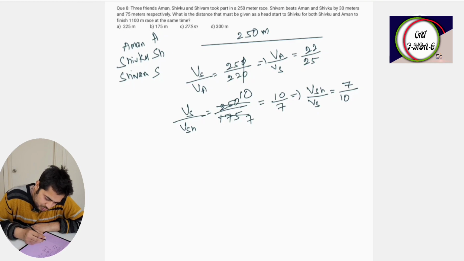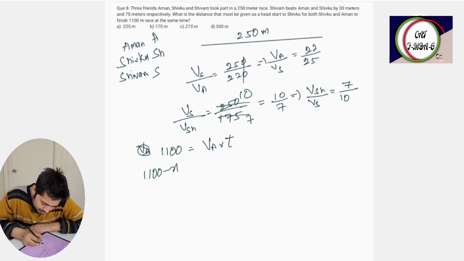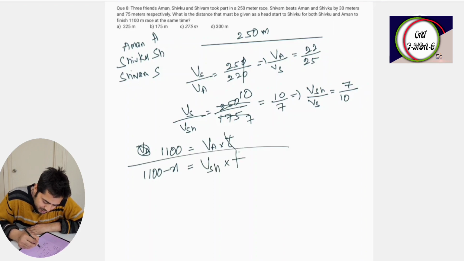So Aman has to give a head start. For the 1100-meter race, VA into time is 1100 minus X, where X is the head start given by Aman to Shivku. Shivku we represent as VSH into time. When we divide these, T will get cancelled.